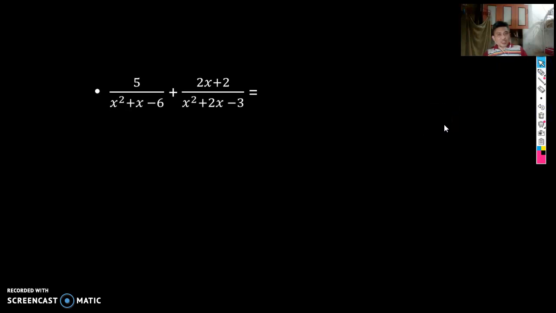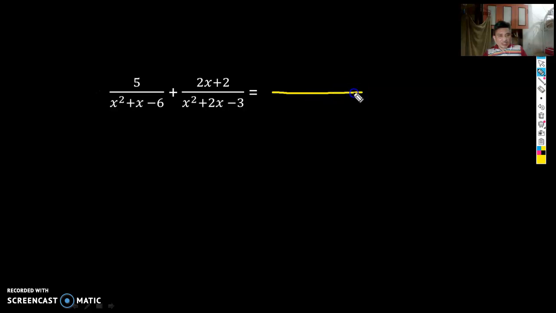Next, how about this one? The second example is 5 over x squared plus x minus 6 plus 2x plus 2 all over x squared plus 2x minus 3.